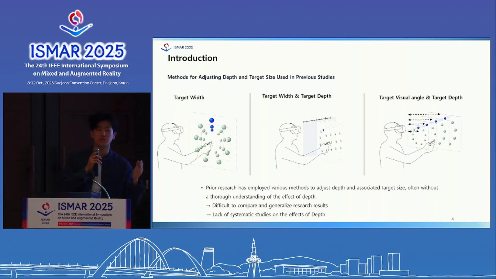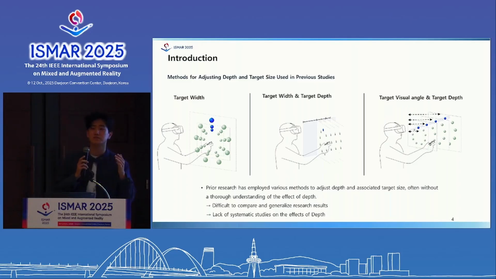But unlike 2D interfaces, in XR environments there is one additional variable, which is depth. Previous studies have usually manipulated this depth variable in three main ways. First, by changing only the target size at a fixed depth, similar to a 2D interface. Second, by changing both the target size and target depth at the same time. And third, by adjusting target size based on visual angle and also changing the target depth at the same time.